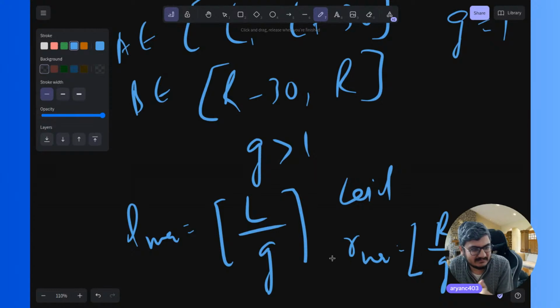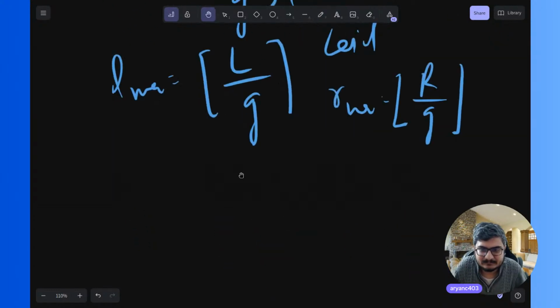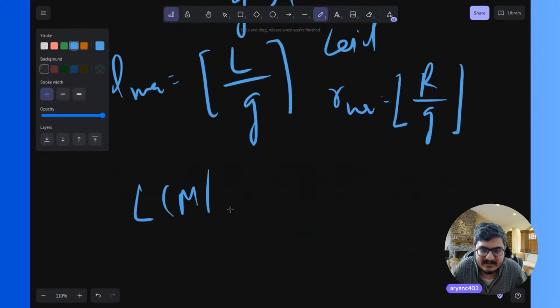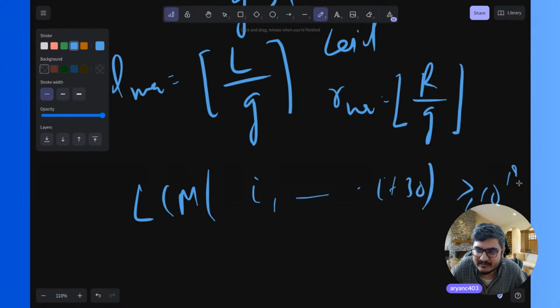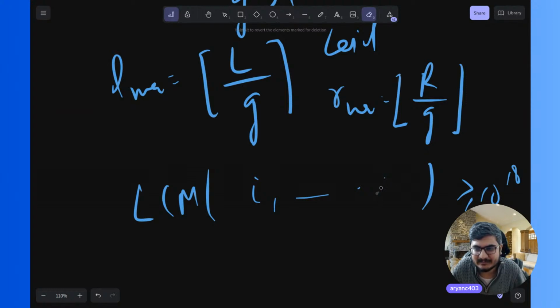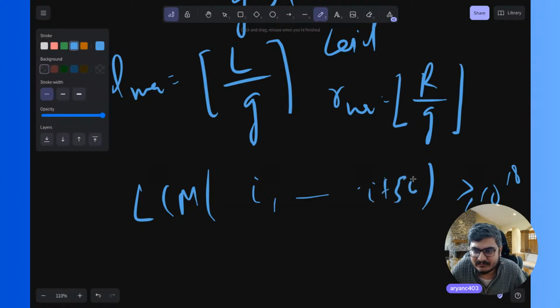In that case, if you look at the LCM of I up to I plus 30, my intuition was this should be greater than or equal to 10 to the power 18, which is not actually true by the way. The product of 50 continuous numbers would be greater than 10 to the power 18. So instead of 30, if you solve it for 50, you will definitely get an answer.